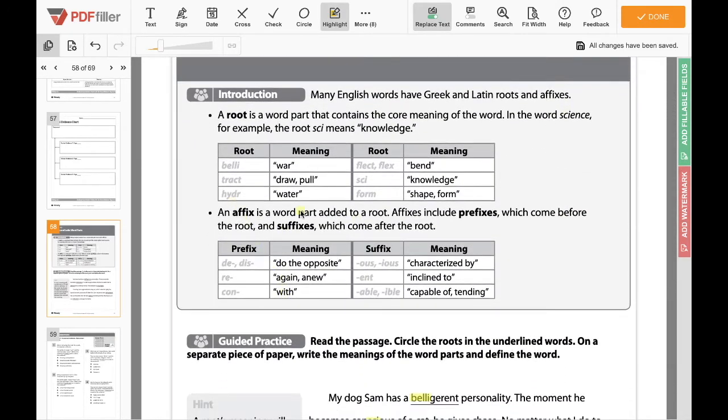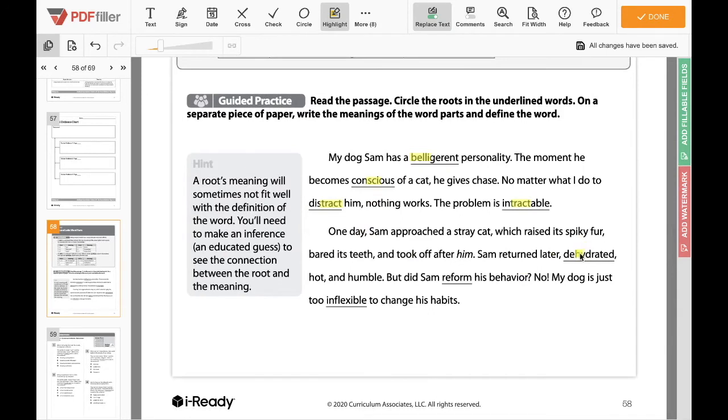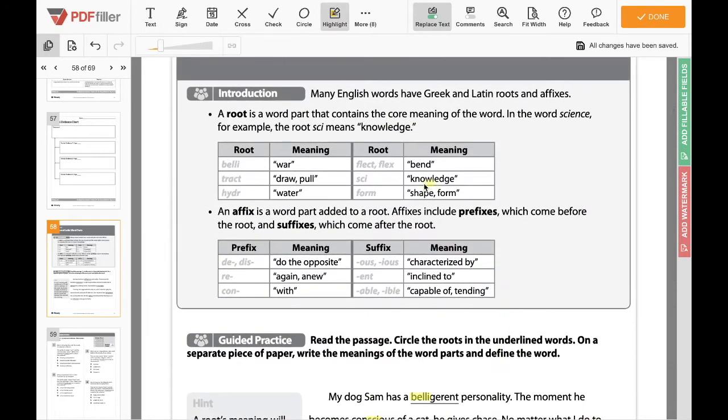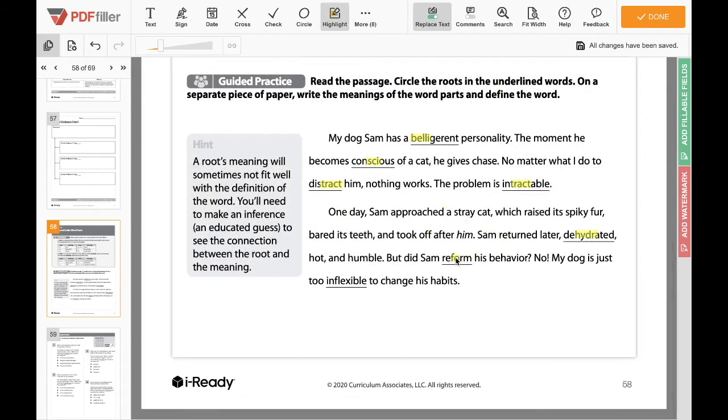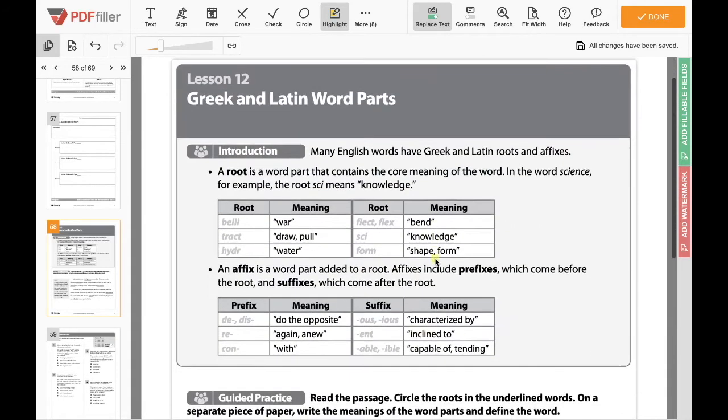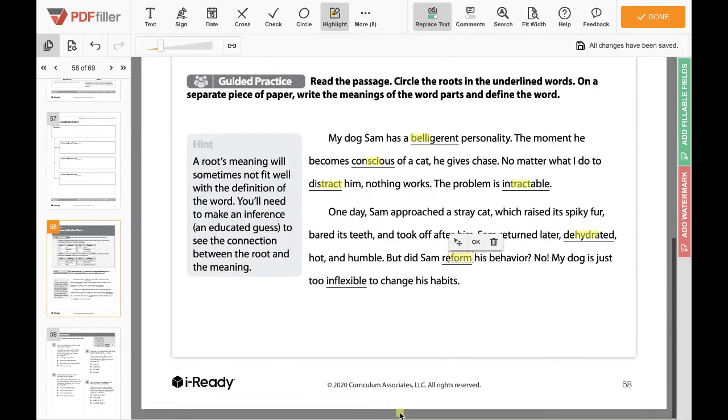We see the HYDR means water. We see that right here. This one should be pretty easy because I used it as an example. But did Sam reform his behavior? Look up here. Form, right? Form. No, my dog is just too inflexible to change his habits. We see flex right here.